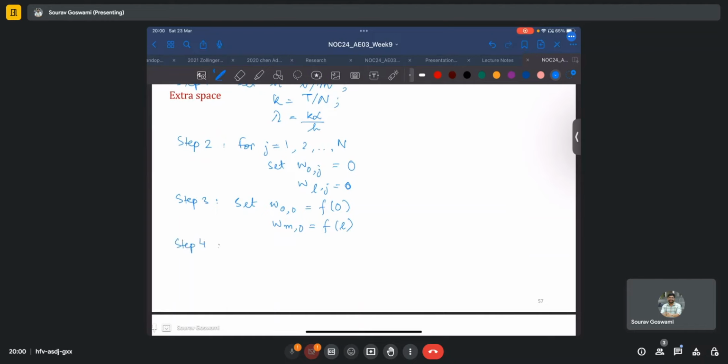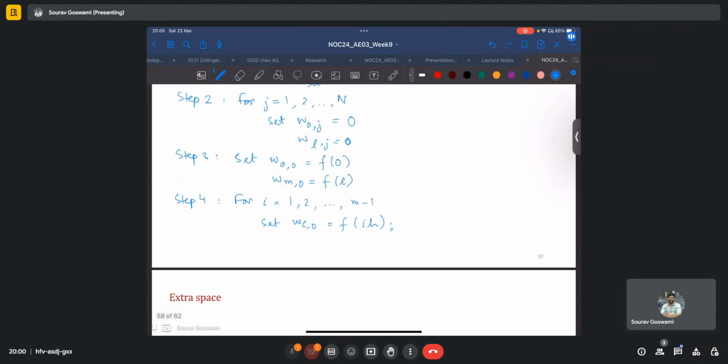The fourth step, for i equals 1 till m minus 1, we set w(i,0) is equal to f(ih). That is, we set the initial conditions for all the other nodes. Based on our formulation, we define w(i,1) is equal to (1 − λ²) f(ih).